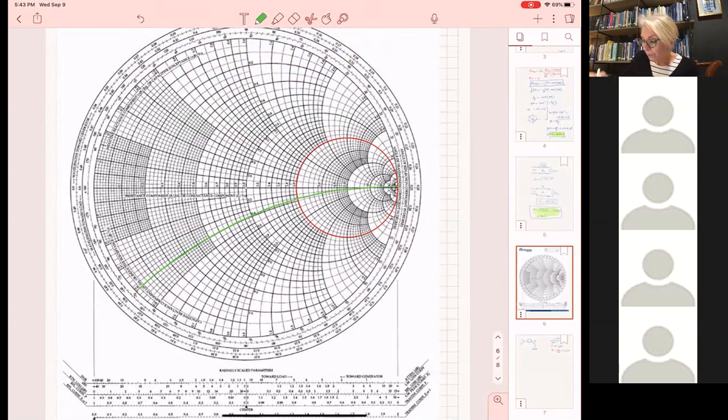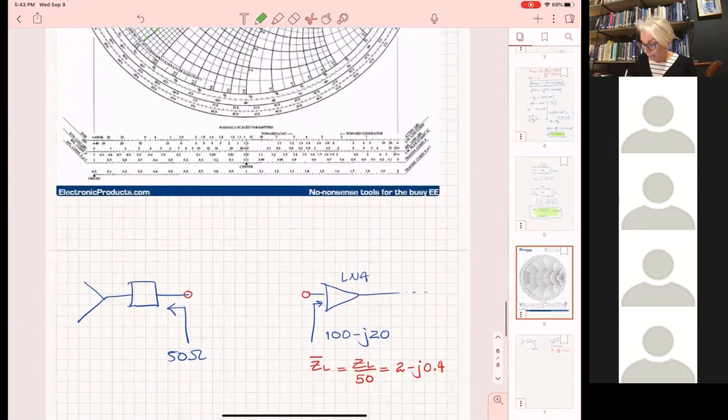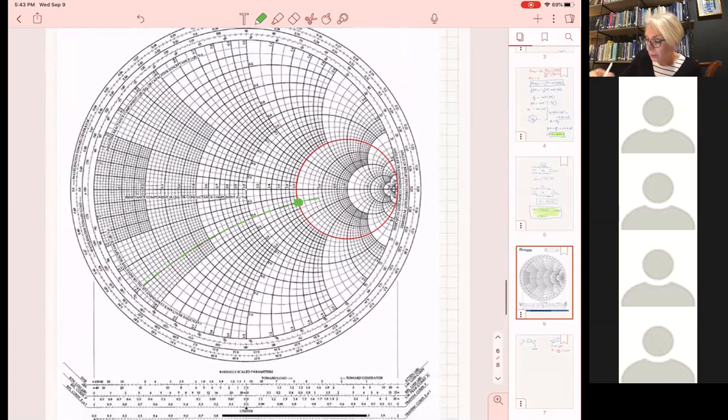We have to find the intersection between these two. And the intersection between these two is this one. All right, that is the point. This is normalized ZL.